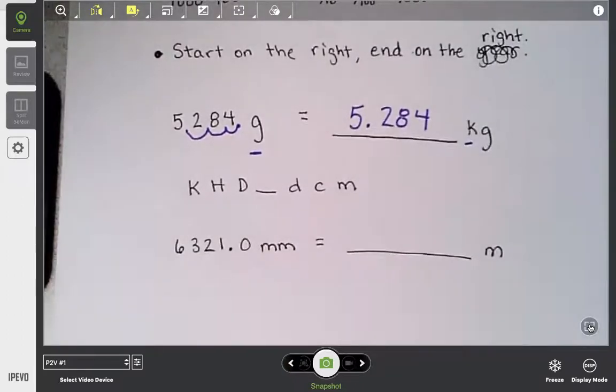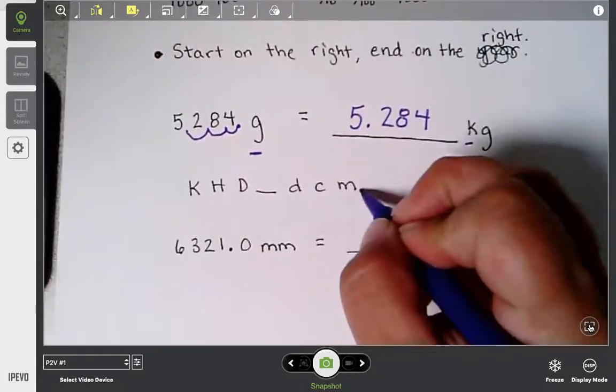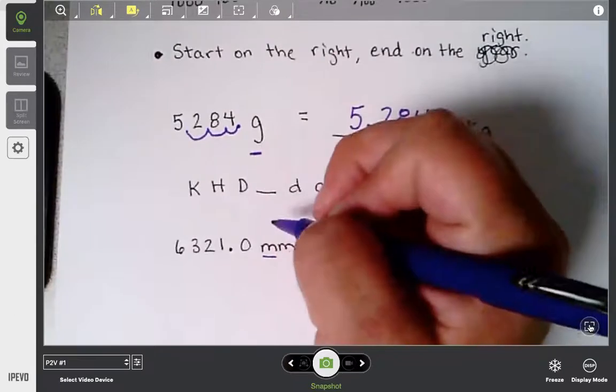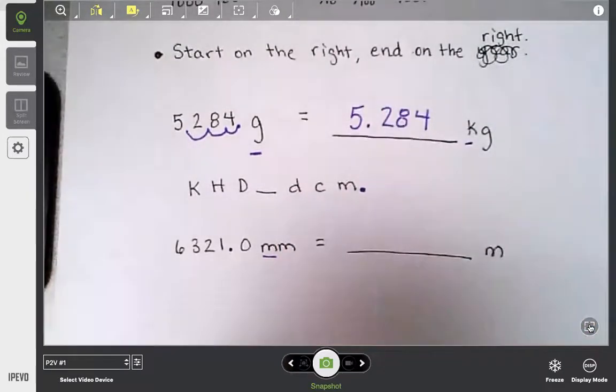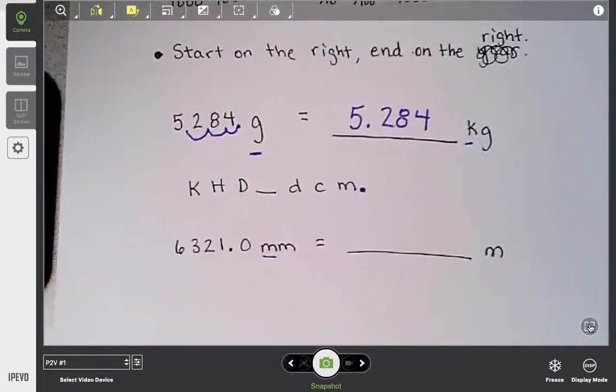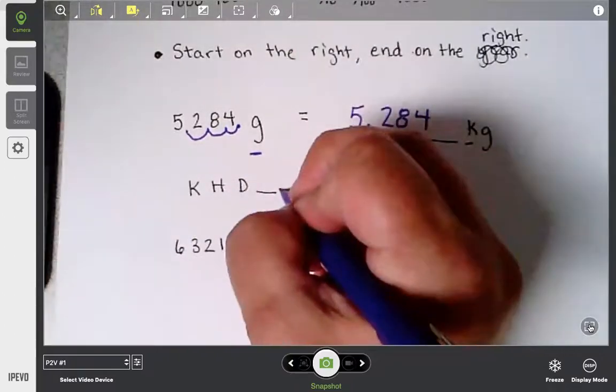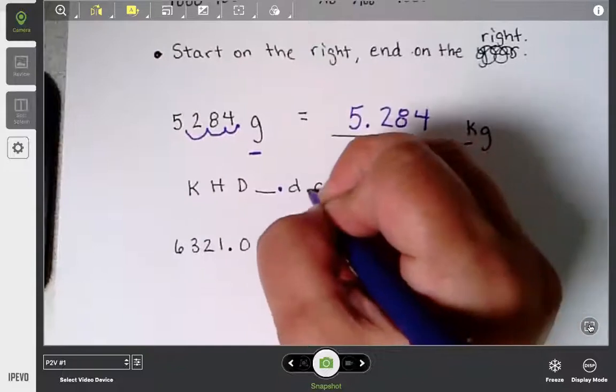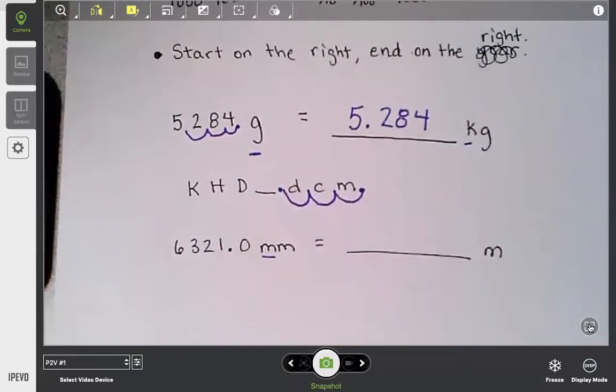Where am I going to start? Right here at the M. So there's my millimeter, and where would my meter be? In the blank spot. Meters, grams, those are base units. So I'm going to go from here to there. 1, 2, 3 places to the left.